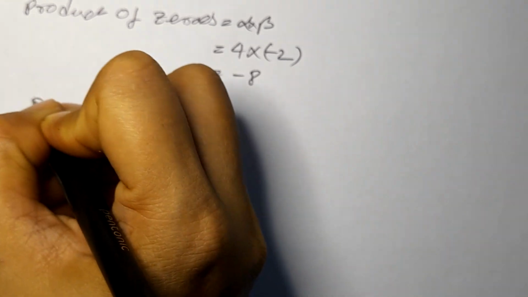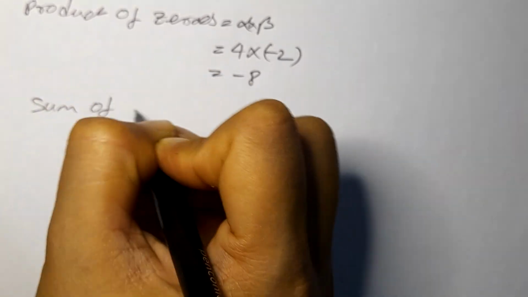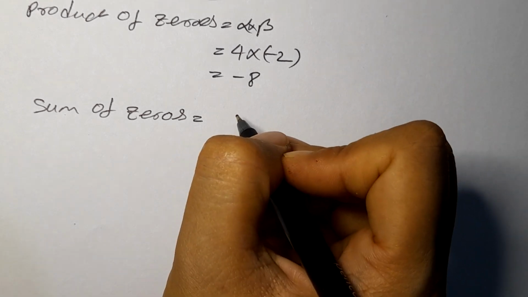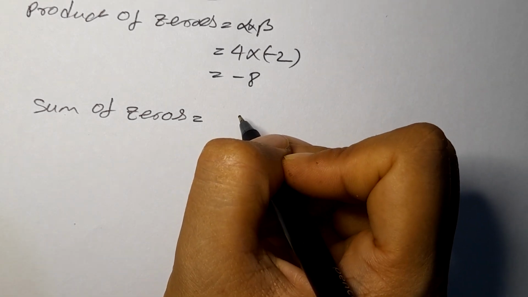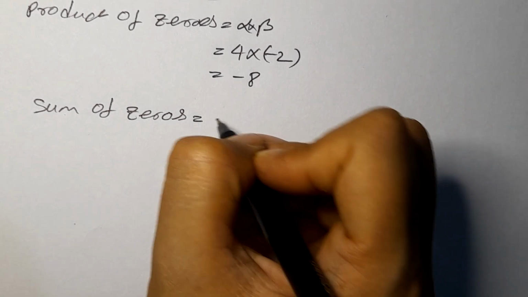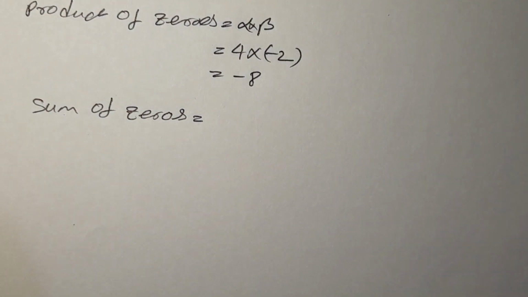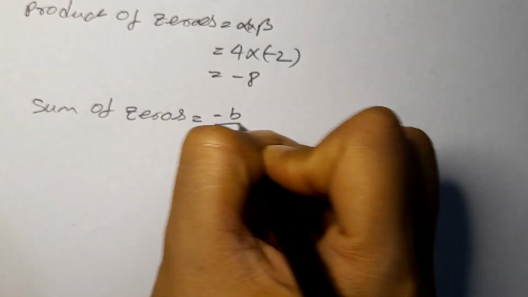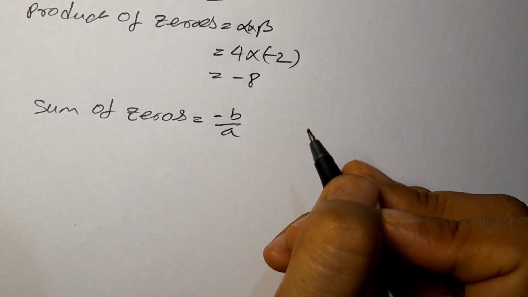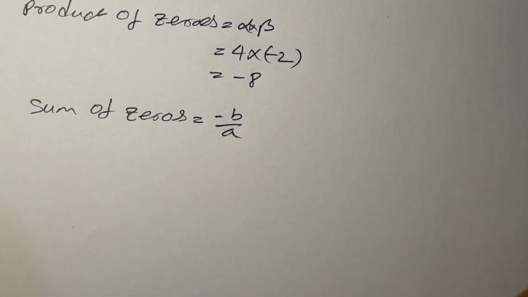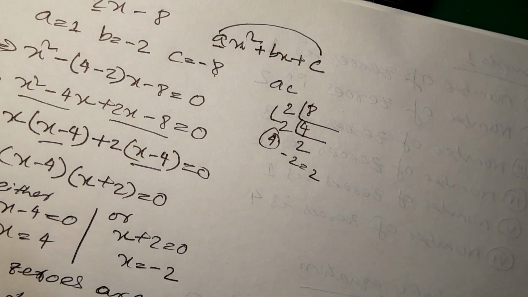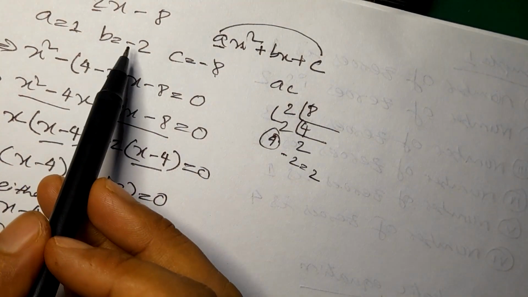Now the sum of zeros by the formula is minus b by a, minus b divided by a. What b did you get?